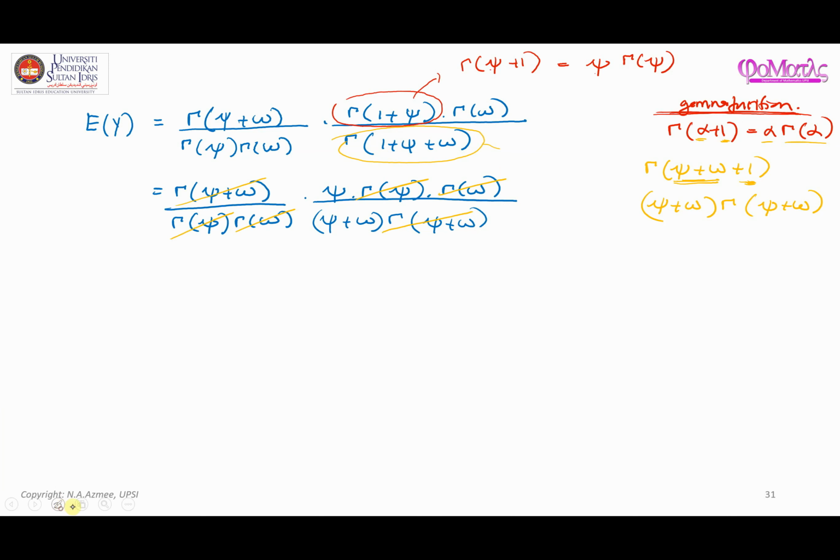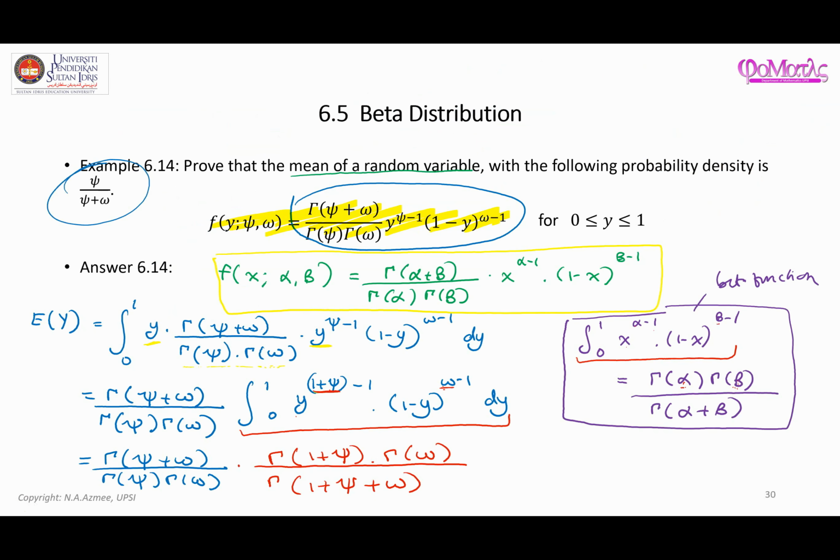And so you are left with this result, which is psi over psi plus omega, which is what we are supposed to show right here. So there you go, related to the first one, which is to prove that the mean of a random variable is given as such.